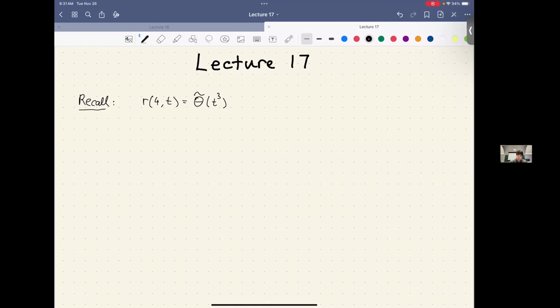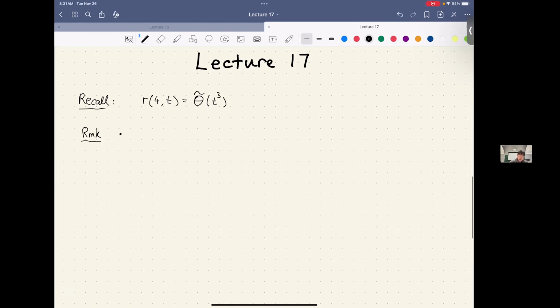The first remark is about some open problems, some of which are quite important open problems. So remarks. First one is about pseudo-random graphs, optimal pseudo-random graphs.